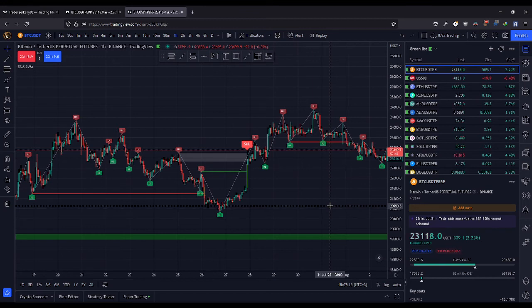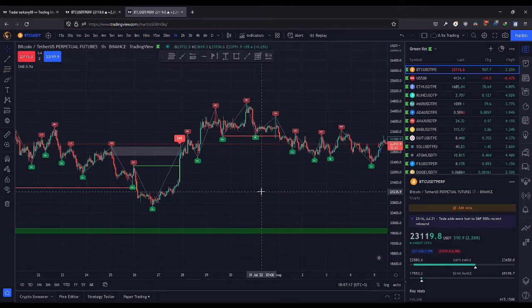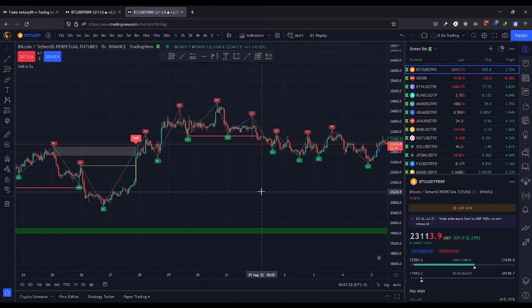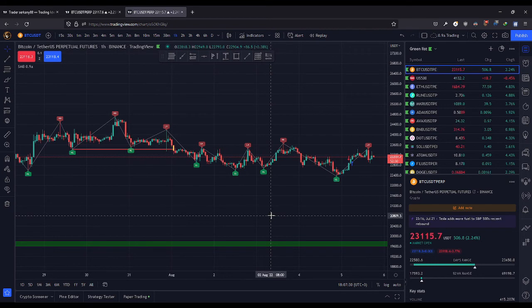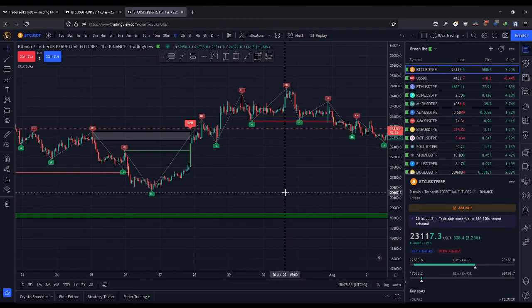Also, lifetime subscribers will get access to the strategy version of this when it's out, which I am coding right now. So lifetime access users really have a lot of things going on.